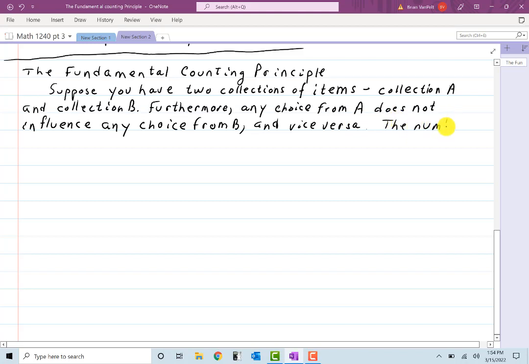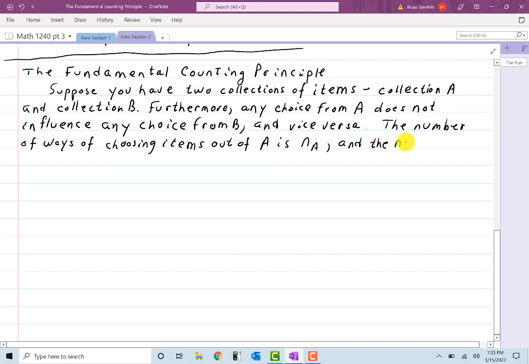The number of ways of choosing items out of A is n with a little subscript A, and the number of ways of choosing items out of B is n sub B.